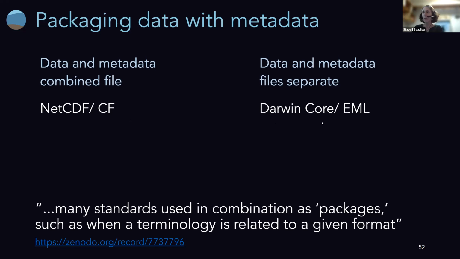Darwin Core as a format, we haven't even mentioned this particular metadata standard yet, EML, the Ecological Metadata Language. This tabular data often is combined with metadata as separate files. So you have multiple entities to be managing when you're working in the world of Darwin Core as compared to the world of NetCDF.